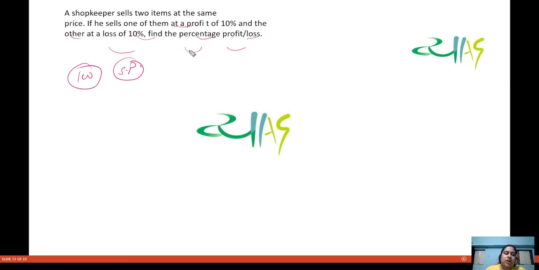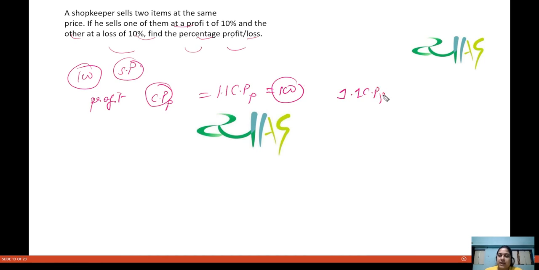Now if you are having profit, then in case of profit, let this be cost price P. So 1.1 times cost price P is equal to 100, and 0.9 times cost price in the loss case is equal to 100.